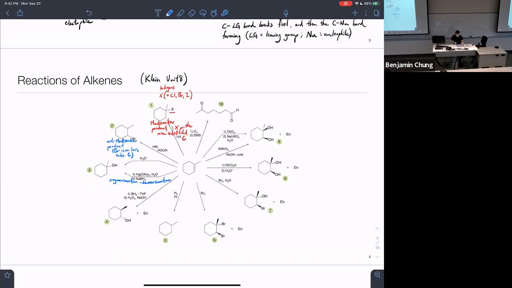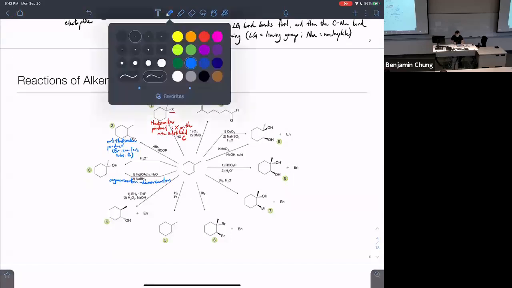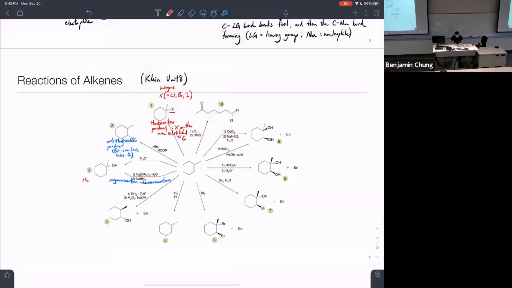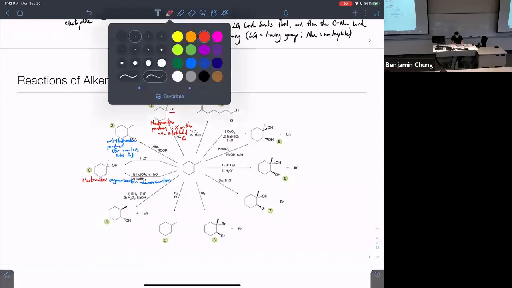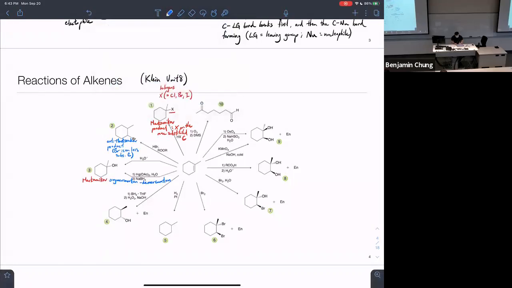So once again, this is Markovnikov. To get the anti-Markovnikov alcohol, we use borane and THF with peroxide and base, and that is called hydroboration oxidation.